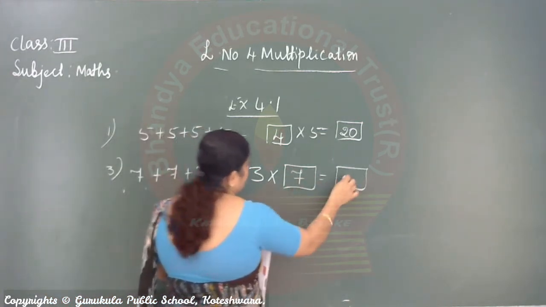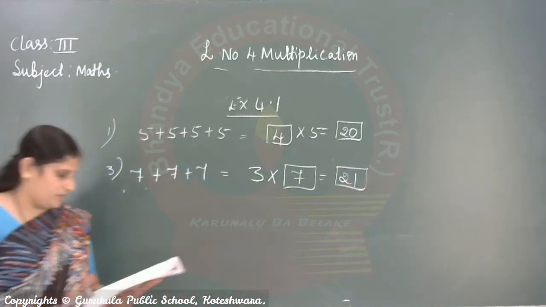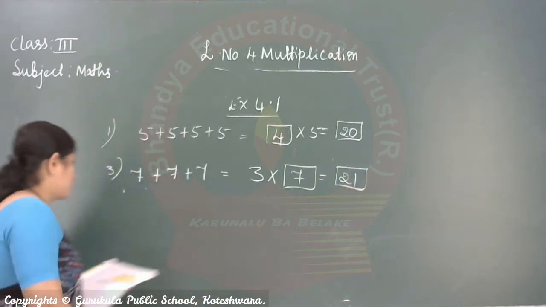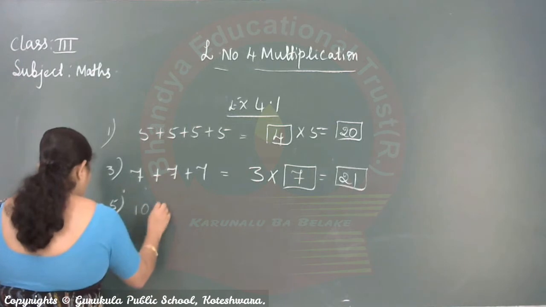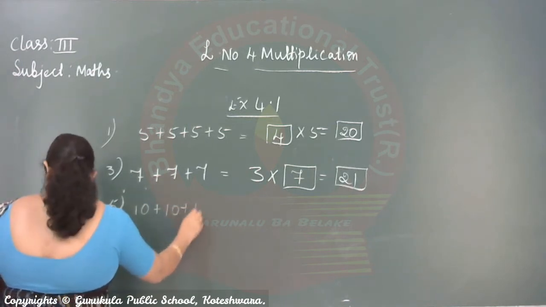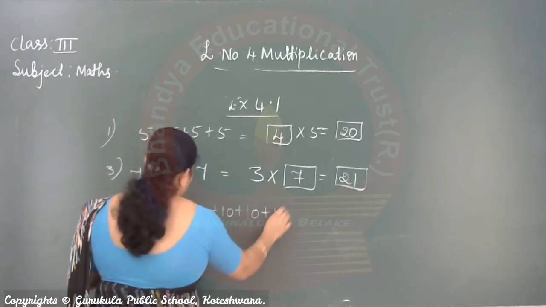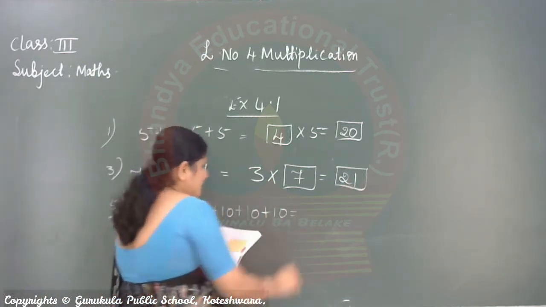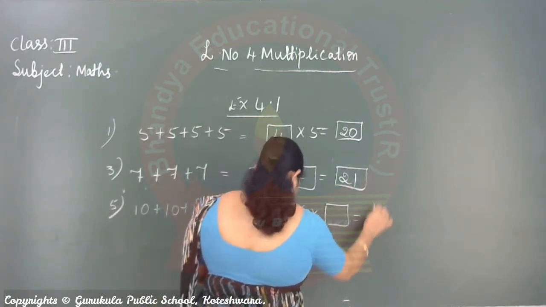So, 3 sevens are 21. Now next we can go through the fifth question. 10 plus 10 plus 10 plus 10 plus 10 plus 10. Correct? So here 6 into box is equal to dash.